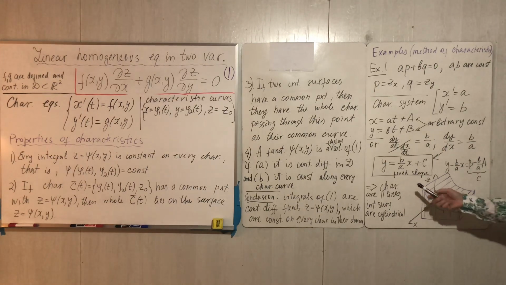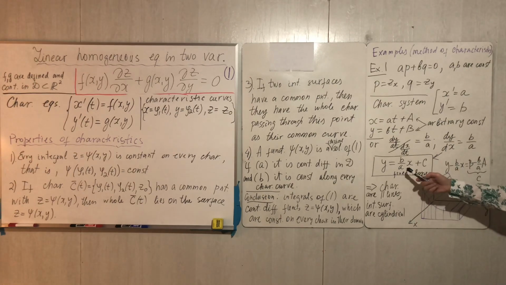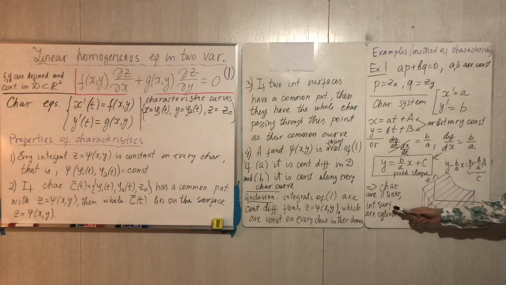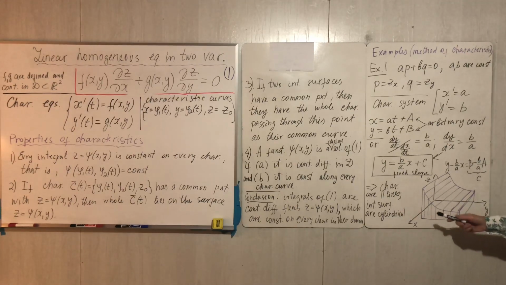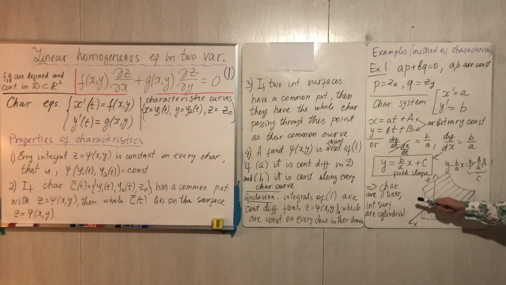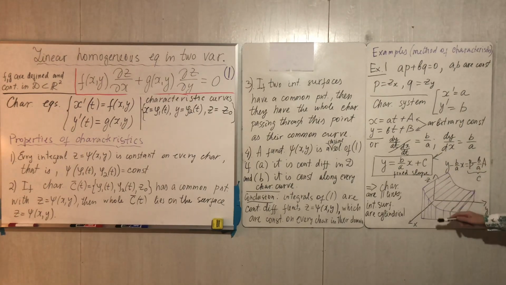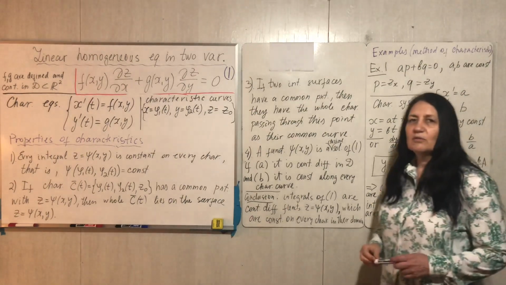If we think of a set of parallel lines in the x, y plane, then to get integral surfaces we have to construct continuously differentiable surfaces made out of lines whose projections give us these parallel lines. So integral surfaces would be some cylindrical surfaces, for instance something like that, made out of lines whose projections give us a family of parallel lines.